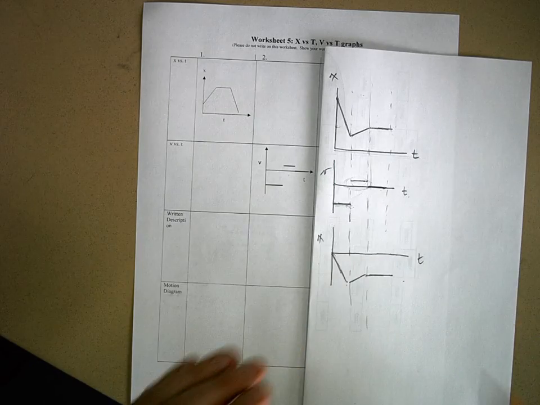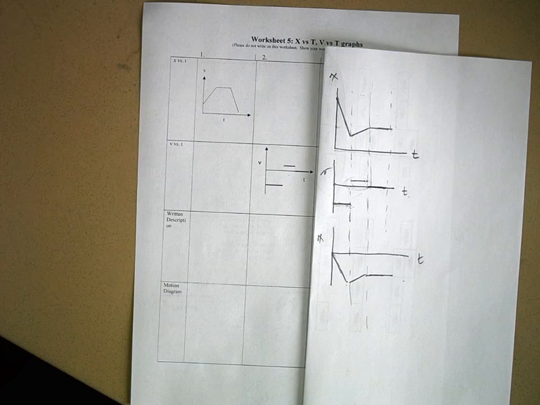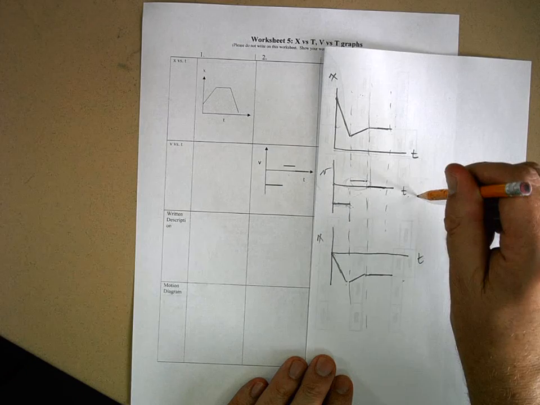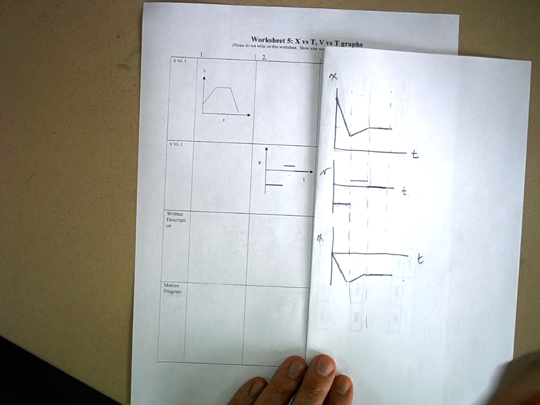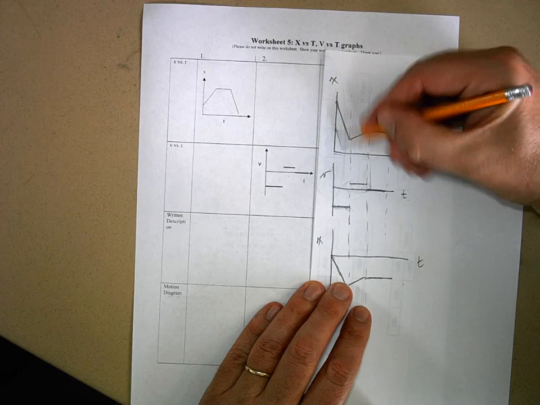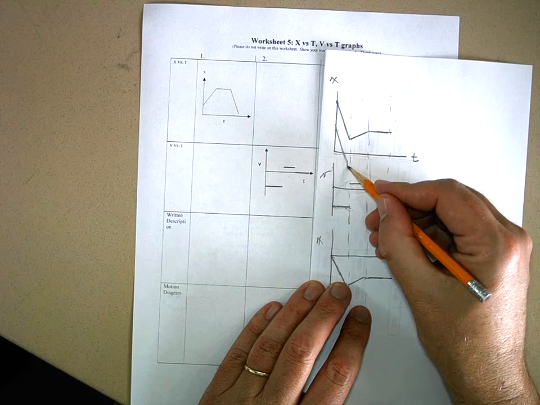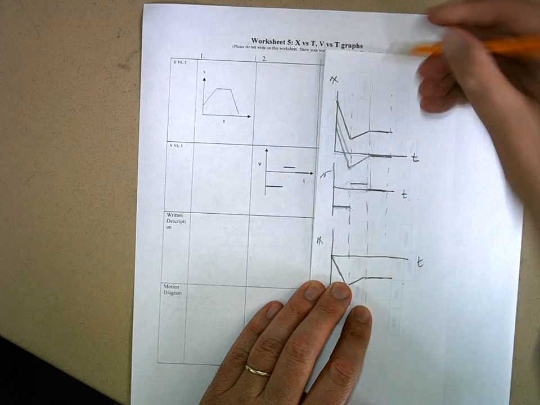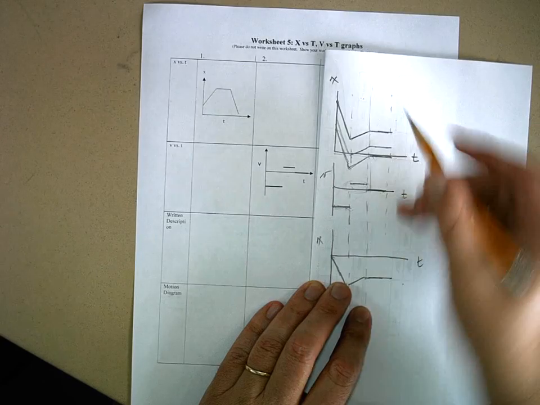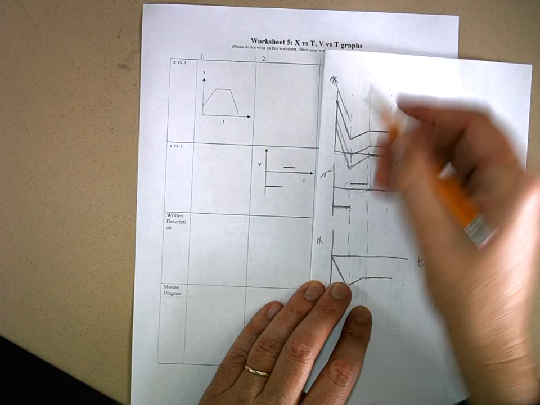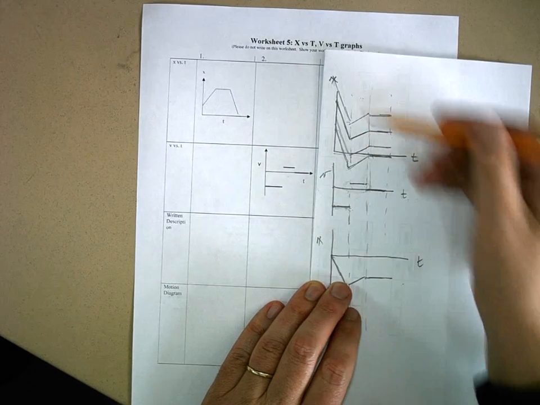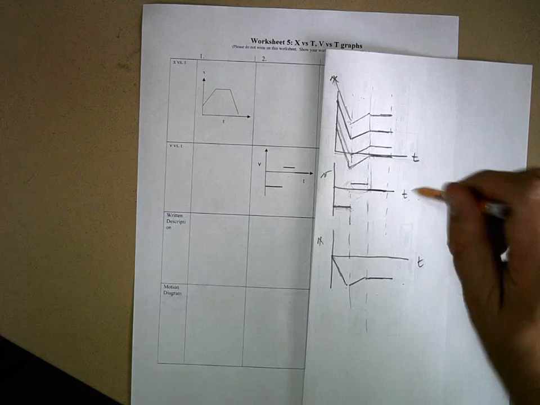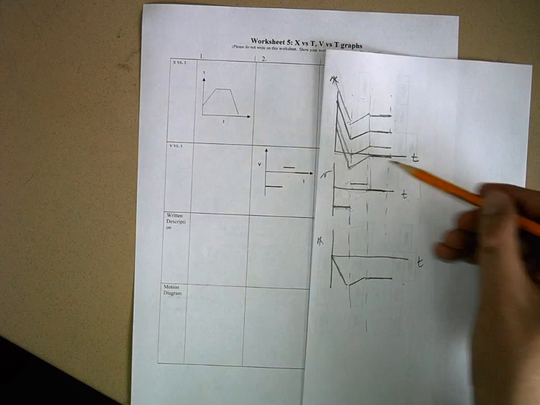So actually, there are an infinite number of correct answers if this is the velocity versus time graph that's given. I can do this. That would work. Or I could go in between them. That would work. Or I could start farther up. All of these graphs correctly describe position as a function of time if this is your velocity versus time graph.